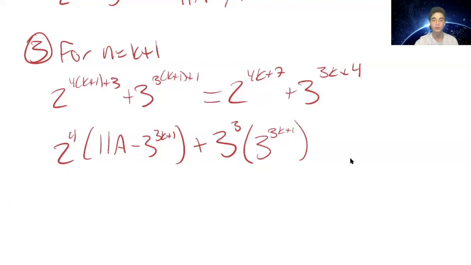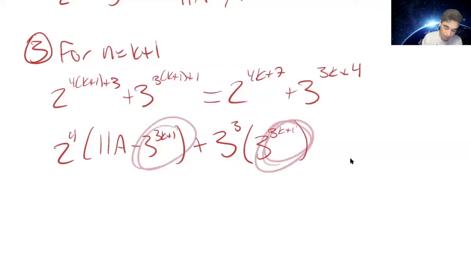Remember what I said, you're trying to be smart with the moves you're making. You don't want to make moves and then realize, okay, I can't do anything with this. You want to think one, two, maybe even three steps ahead if you're that good. And so we see that if we plug in this, we could eventually have the same values to put together.